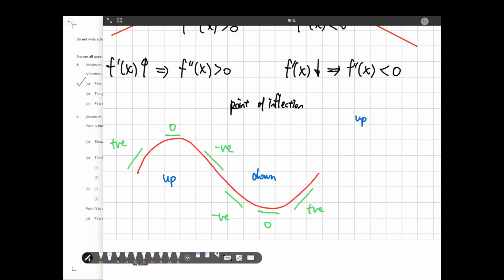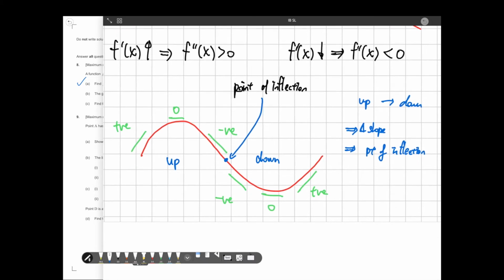So we have up to down. It means that we have a change in slope, so we have delta slope. So we have a point of inflection. But where is the point of inflection? That is here. Why?